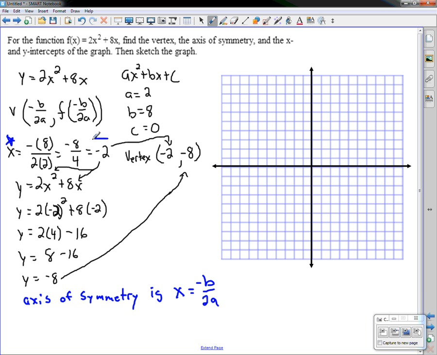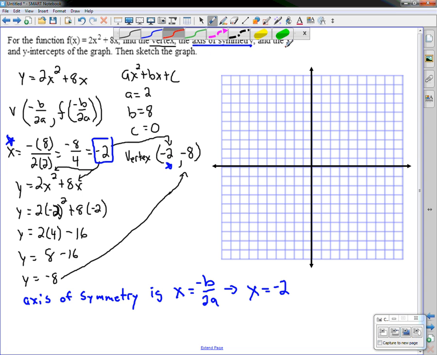That is right here. Again, it's the same x value that you had in your vertex. So our axis of symmetry is x equals negative 2. Okay, so we've found the axis of symmetry. We've found the vertex.